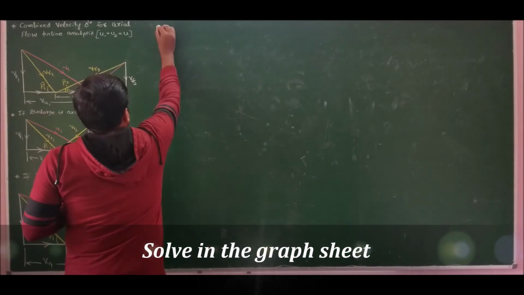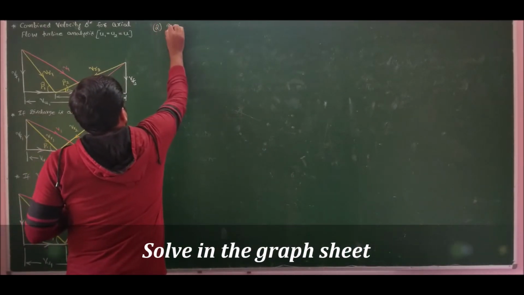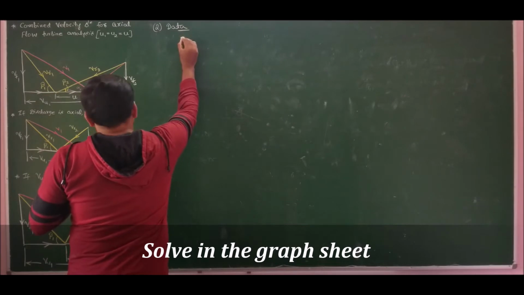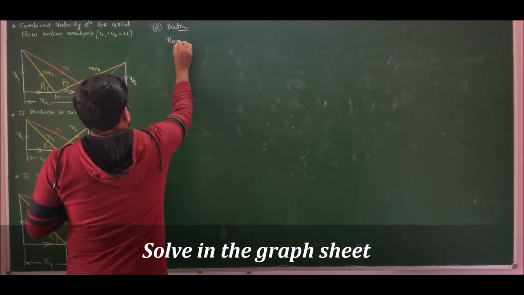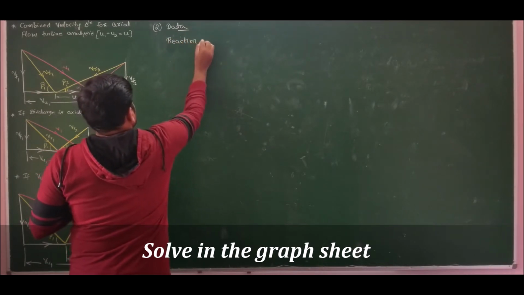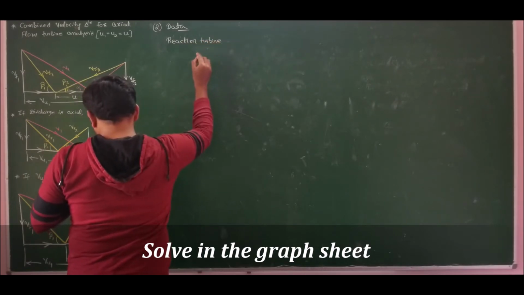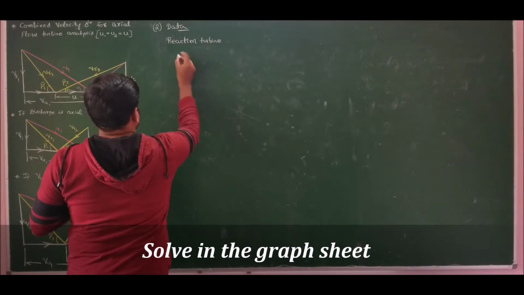If I list the data given for problem number 2, we have a reaction turbine. The inlet and outlet blade angles are 50 degrees and 20 degrees respectively.